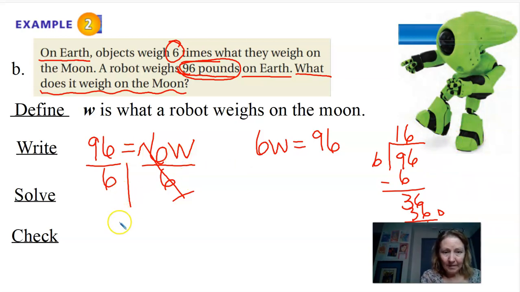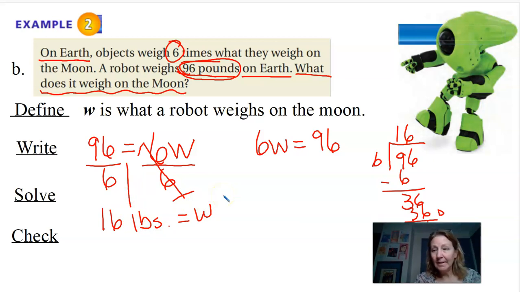Let's see. 16 equals W, and it's 16 pounds. So let me go back and make some room for the units in my answer. 16 pounds equals W.